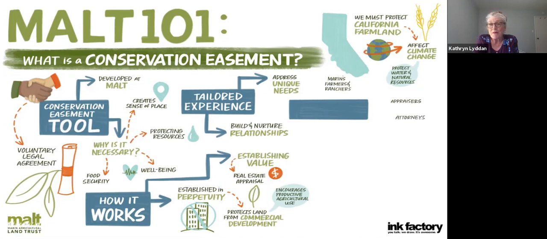I'll note that the state of California has some very innovative agricultural conservation funding that particularly protects agricultural land for its climate beneficial results. Also in Marin County, Measure A that's adopted by the voters also helps us protect agricultural land.